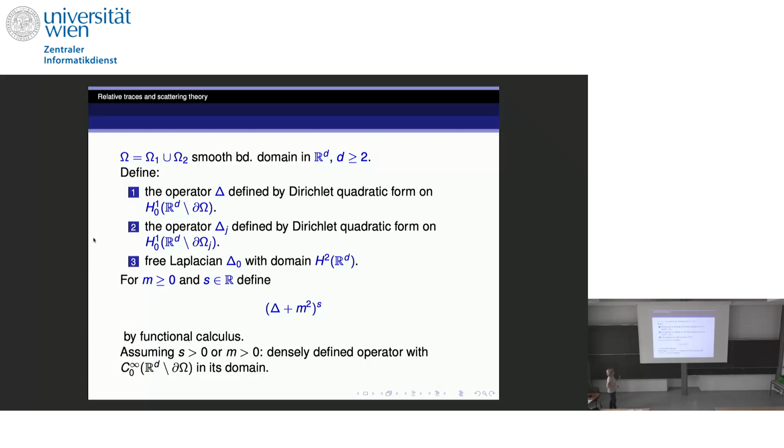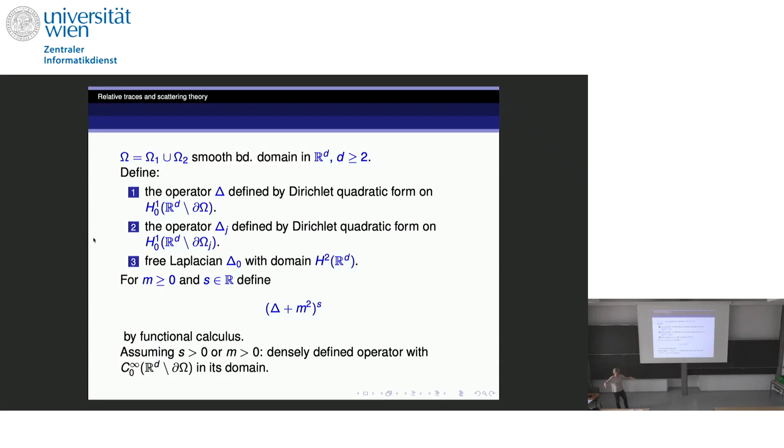Our first result was in R^D. So we have the operator defined by the Dirichlet quadratic form on R^D minus the boundary of both obstacles. And then there's each one of these, j is 1, 2. There's one obstacle and another obstacle separately.